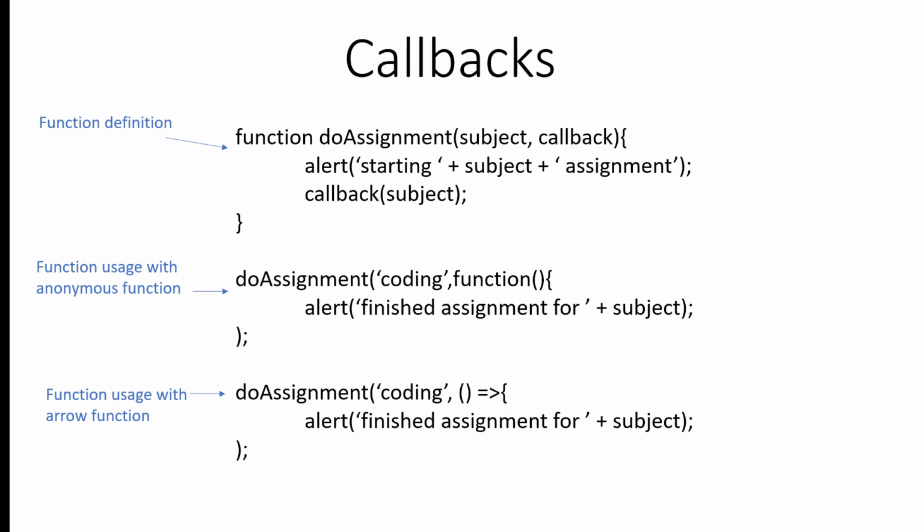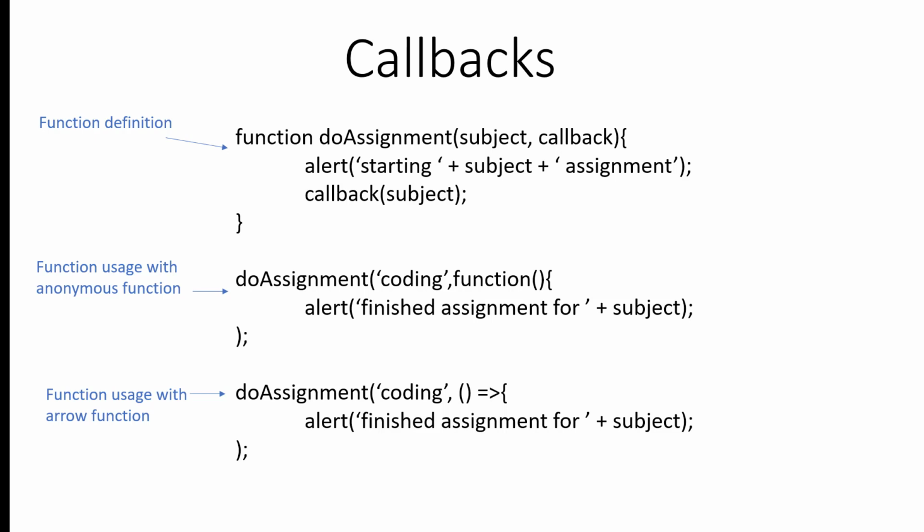Another option is to use an arrow function. The second usage down there shows the same thing, just using the arrow function syntax. All three options, either the named function, anonymous function, or arrow function, will do the same thing.